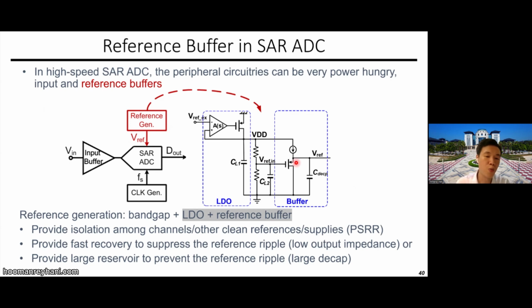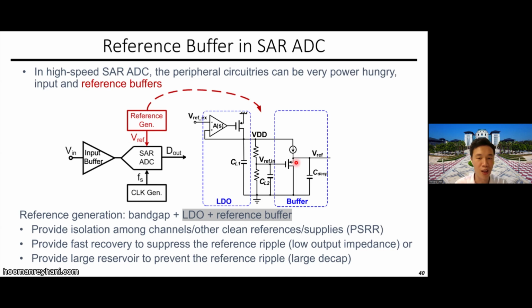Usually you want the output buffer to have a fast recovery to suppress the reference ripple. So you want to have a low output impedance, very similar to what we have at the input buffer, but now you don't care about the linearity, which is good. Or it provides a large reservoir to prevent the reference ripple.